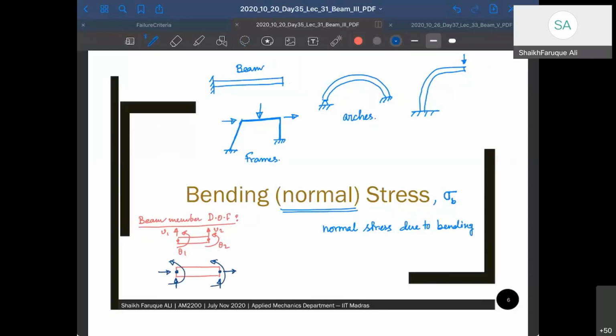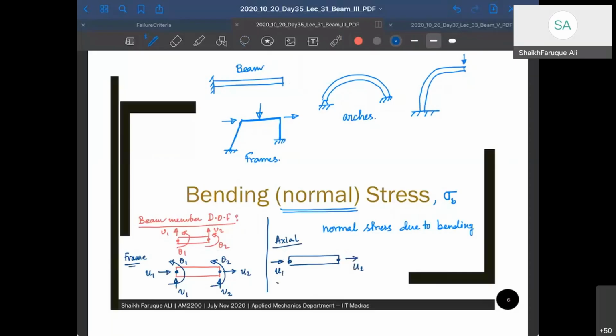Instead of V, we can write it as U1, U2, V1, V2, theta 1, theta 2. This is a frame. Now if you look at an axial member, how are you going to have your degrees of freedom? U1, U2, only axial.